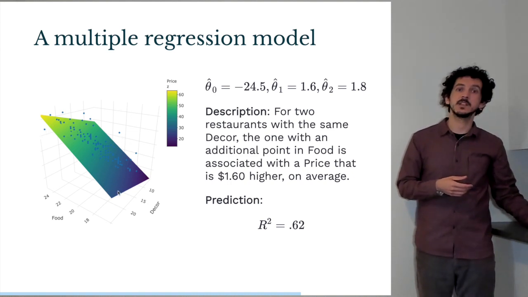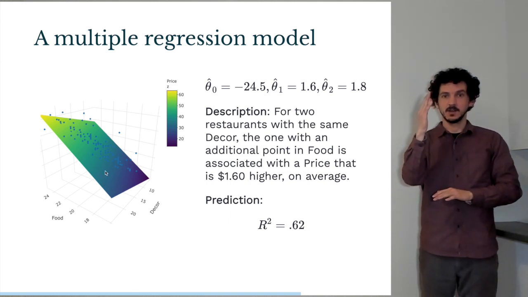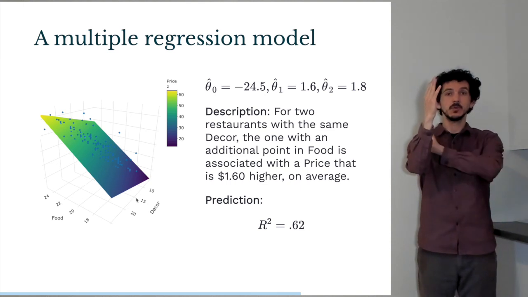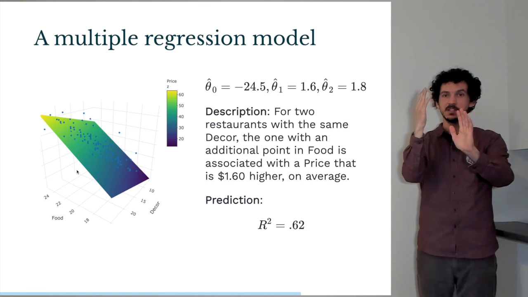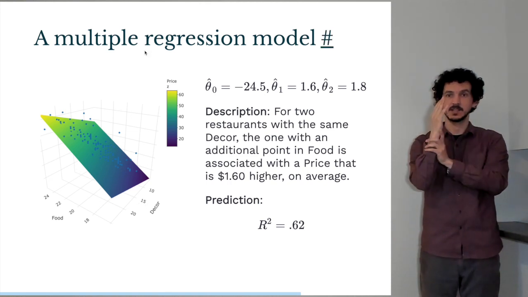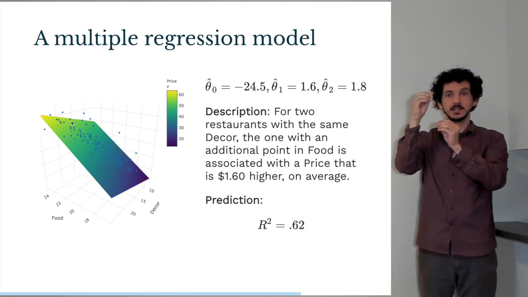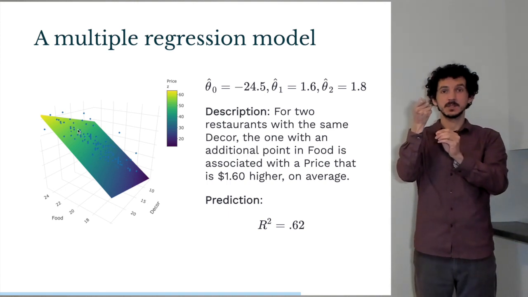You need to fix the decor. So you need to draw a vertical plane here, say along decor is 15. Now you're only comparing restaurants with a decor of 15. And if you look at the slope of that line, it tells you that each time you augment food by 1, the predicted price goes up by 1.6.